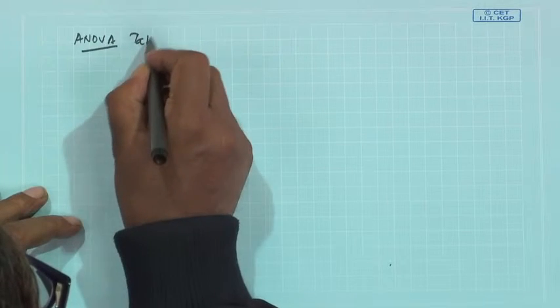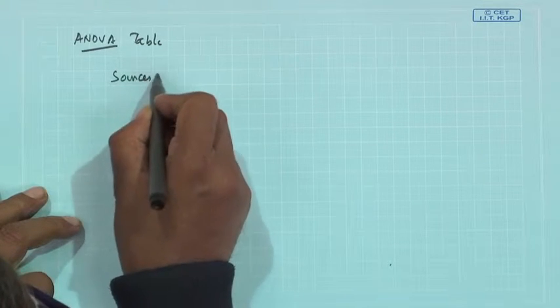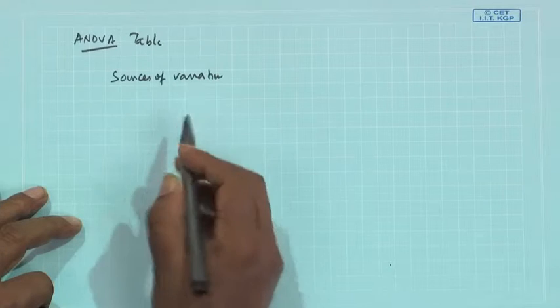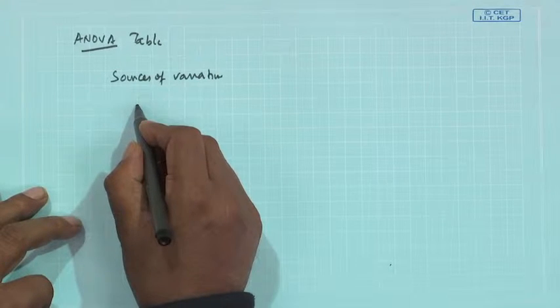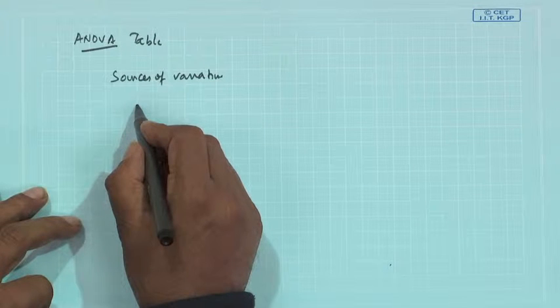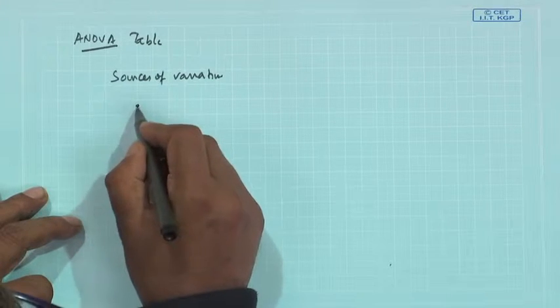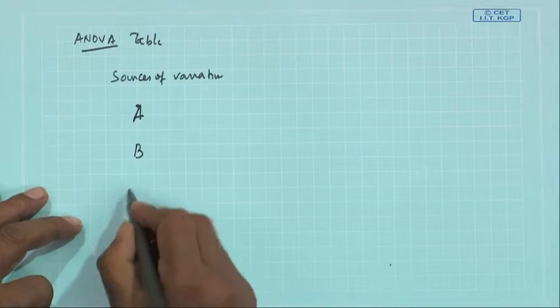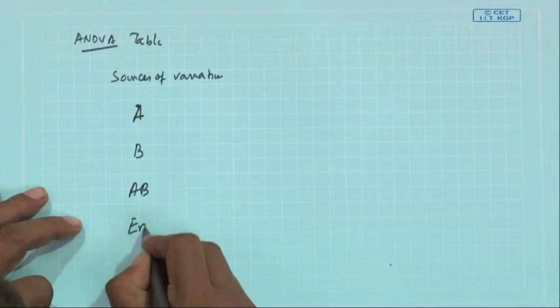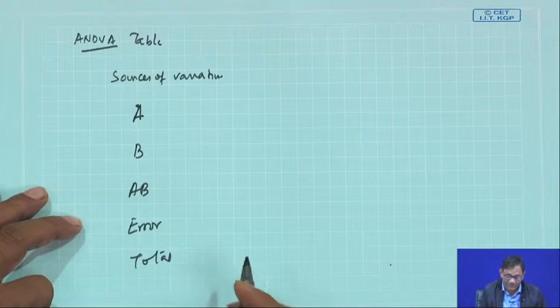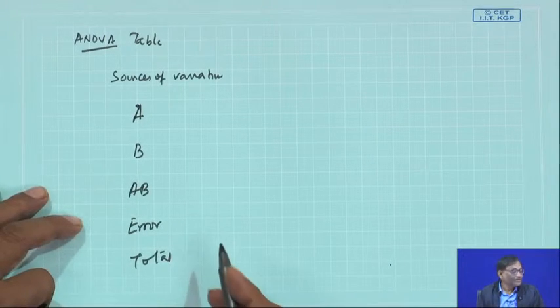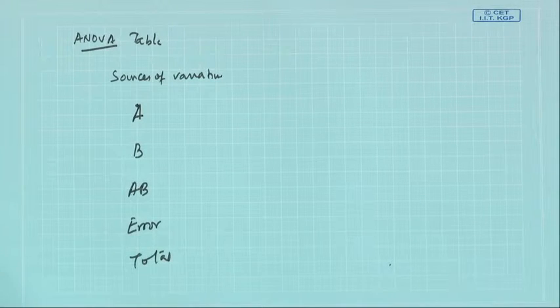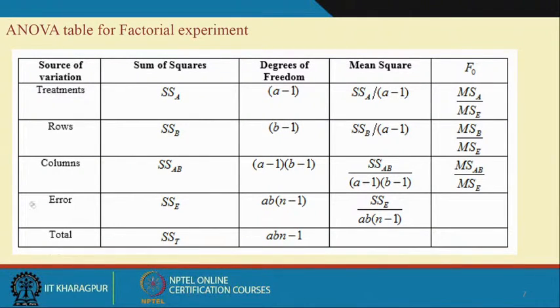First is sources of variation: factor A treatment, factor B treatment, interaction AB, error and total.